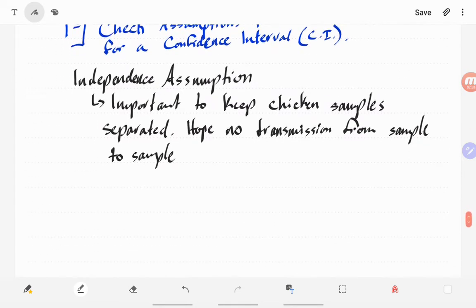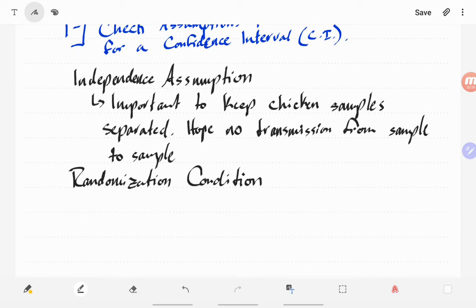Our randomization condition is the next thing that needs to be checked. The randomization condition is really just our way of saying, do we know whether or not our samples were collected randomly? Was a simple random sample used?